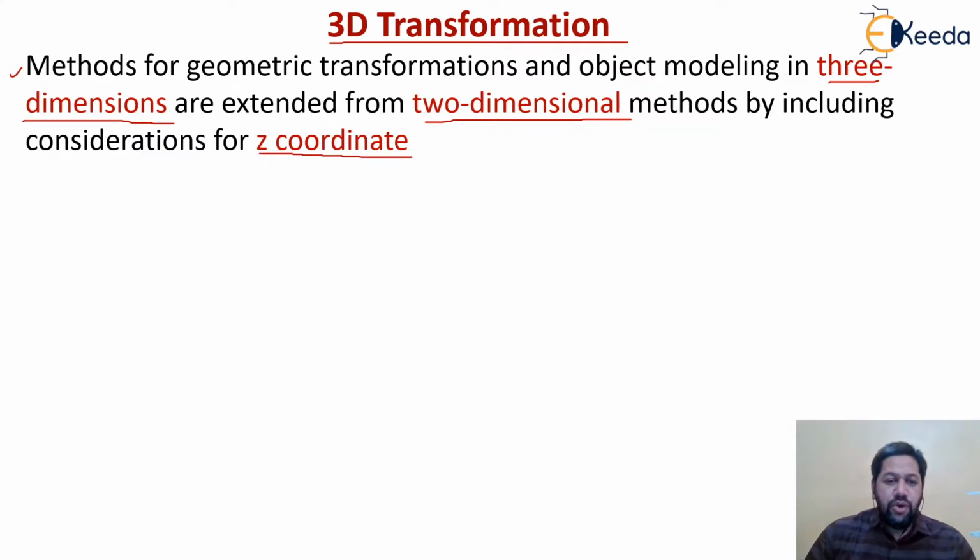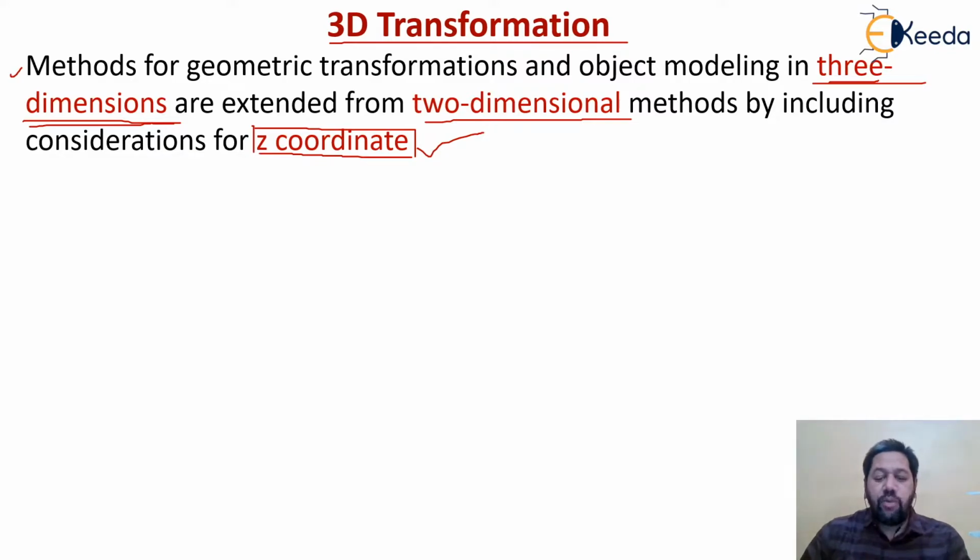In addition to the x and y coordinates which are used in the 2 dimensional form, we are going to add one more coordinate, the z coordinate, to convert the 2 dimensional transformation into a 3 dimensional transformation.